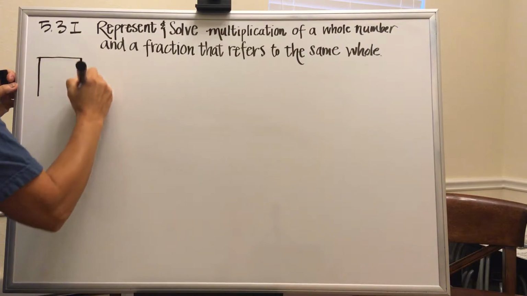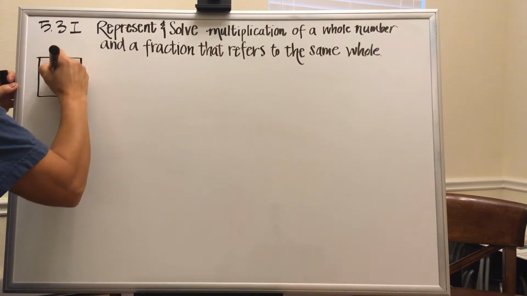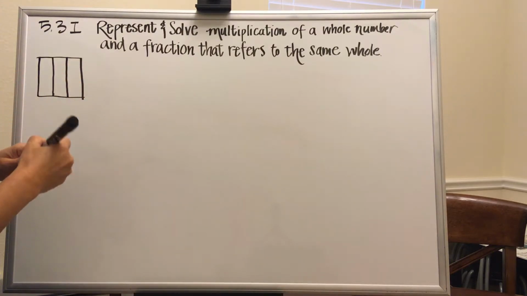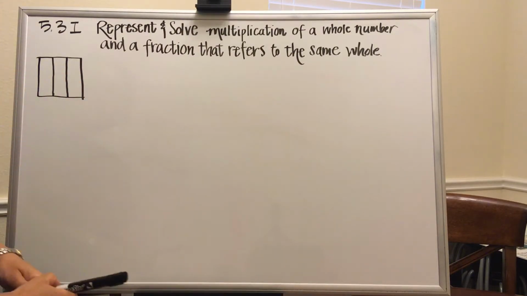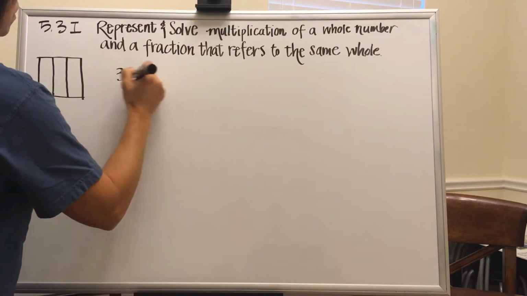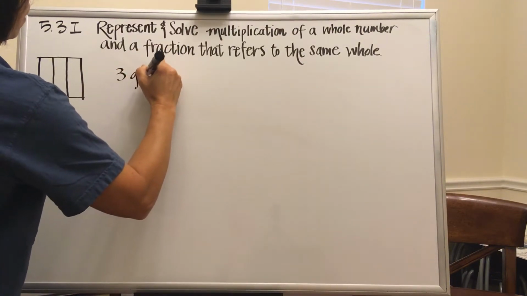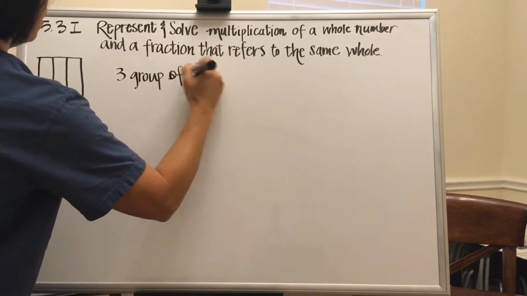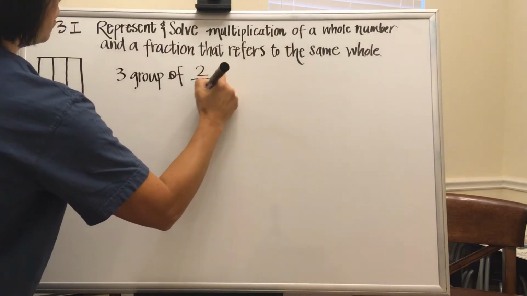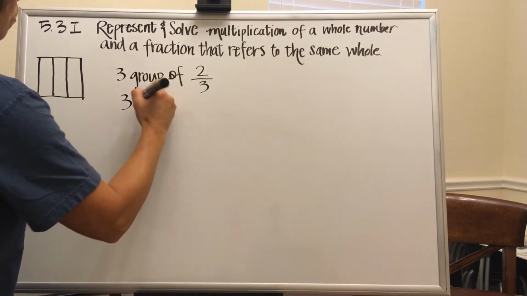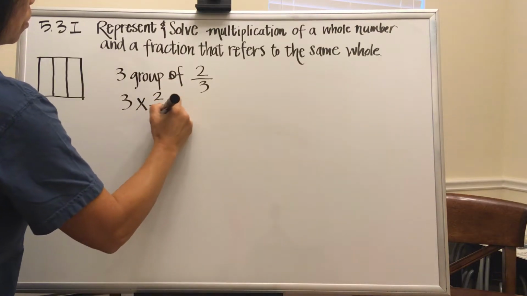This whole thing, I'm still going to work with 3 parts. But this time, instead of the unit fractions that I'm multiplying, I want 3 groups of 2/3 this time. So I'm going to write it as 3 groups, 3 times 2/3.